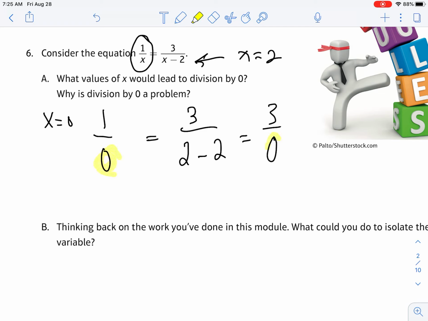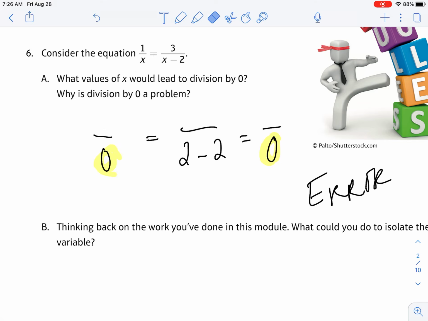So right now we're looking at zeros in the denominator. If you typed 3 divided by 0 into your calculator, it's going to give you an error. So we cannot have a 0 in the denominator because it would be undefined or read an error.